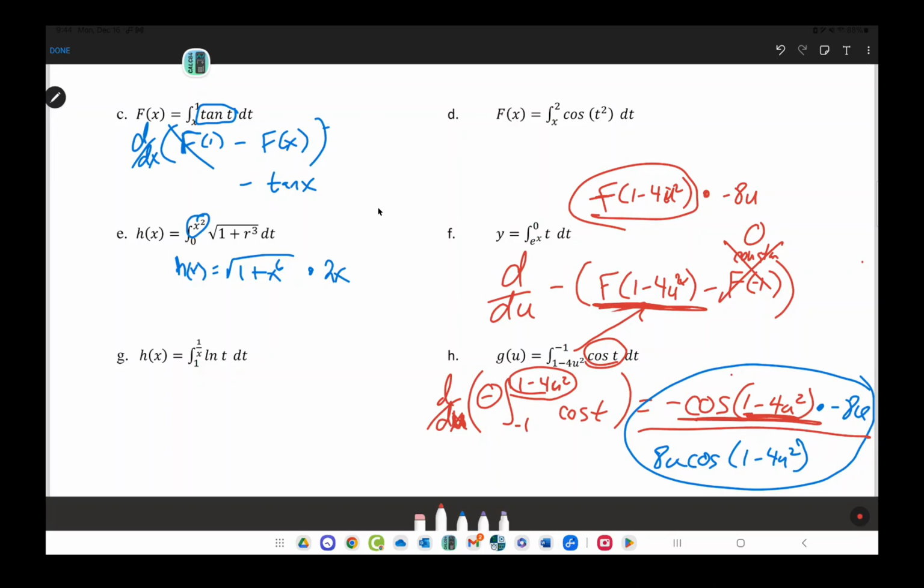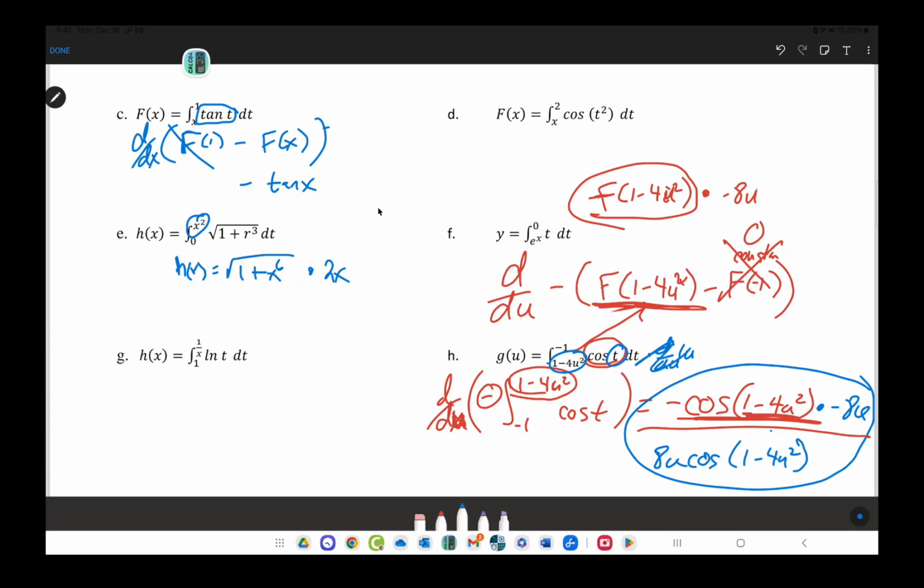So again, that's what we are doing when we take the derivative of the integral. They cancel each other out. You just have to put the bounds through it and do the derivative of the bound. So you can make it as simple or as complex as you want. The simple way is to replace the variable with my bound, and then multiply it by the derivative of the bound.